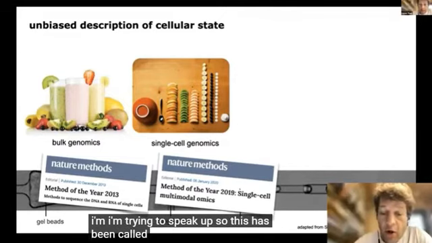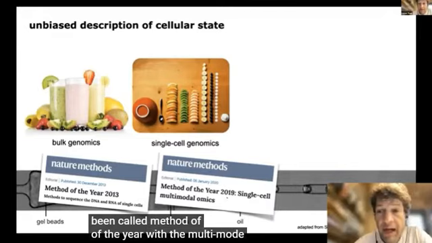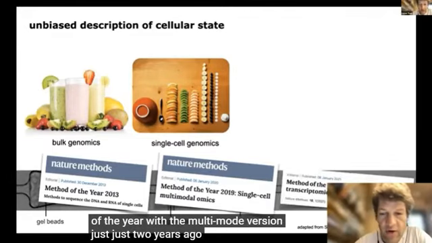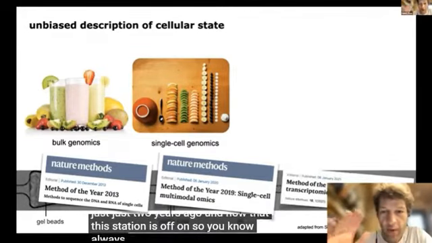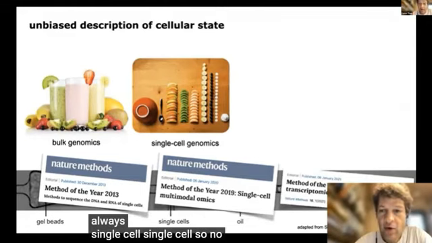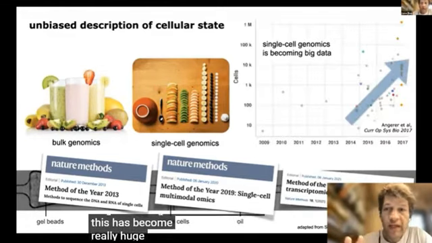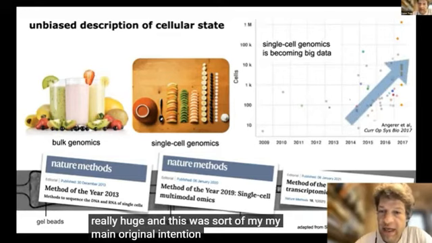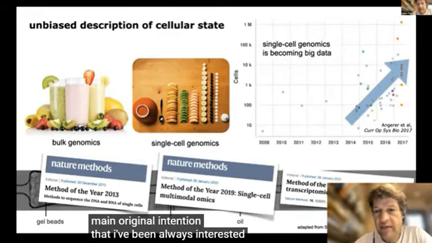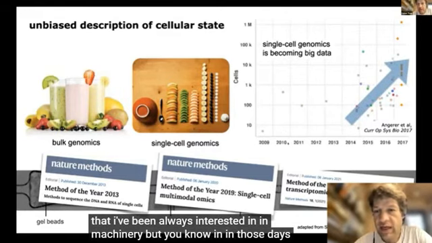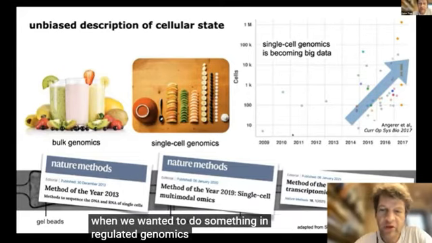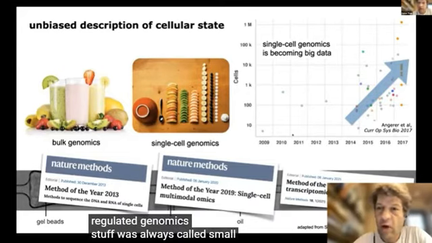So this has been called Method of the Year, with the multimodal version just 2 years ago, and now the spatially resolved one. So always single cell. No wonder this has become really huge. And this was my main original intention: I've always been interested in machine learning, but in those days when we wanted to do something in regulatory genomics, it was always called small n, large p.